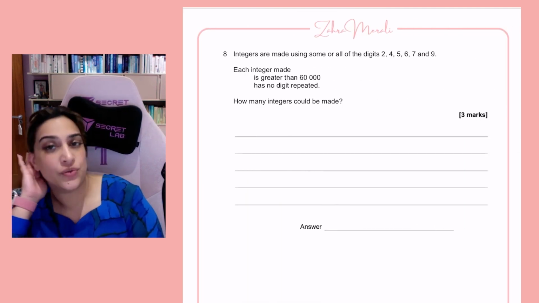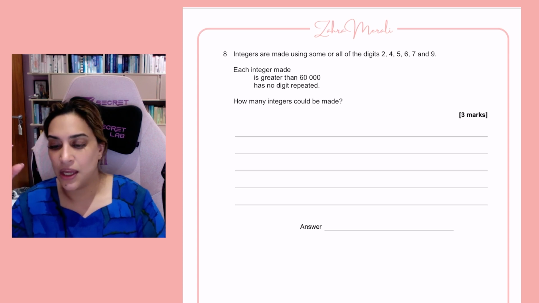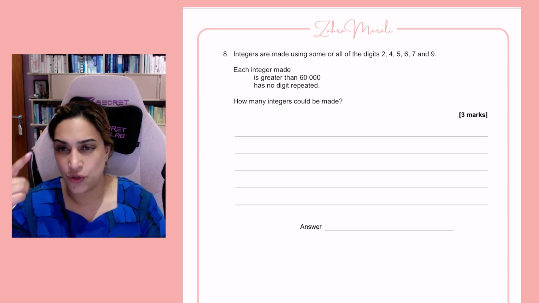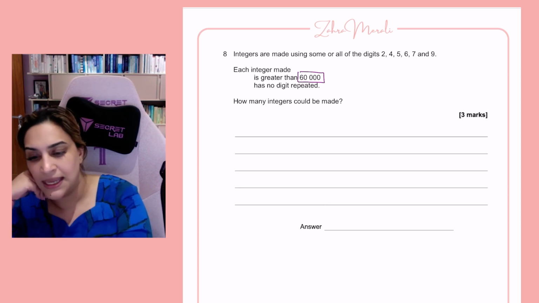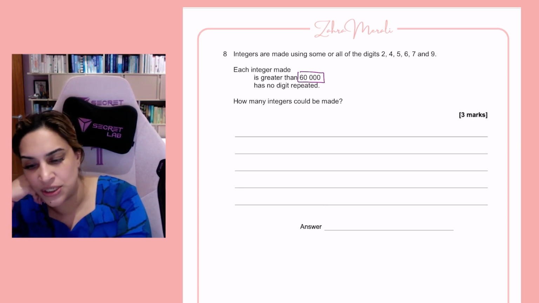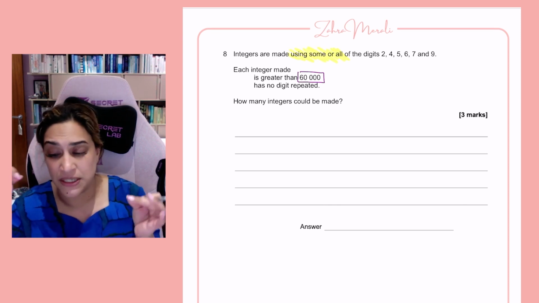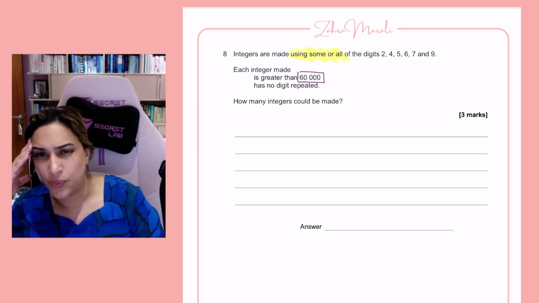The final question, which is also on the product rule, you're looking at digits 2, 4, 5, 6, 7 and 9. You want them to be greater than 60,000, nothing is repeated, and an important bit of information here is you're using some or all of the digits.